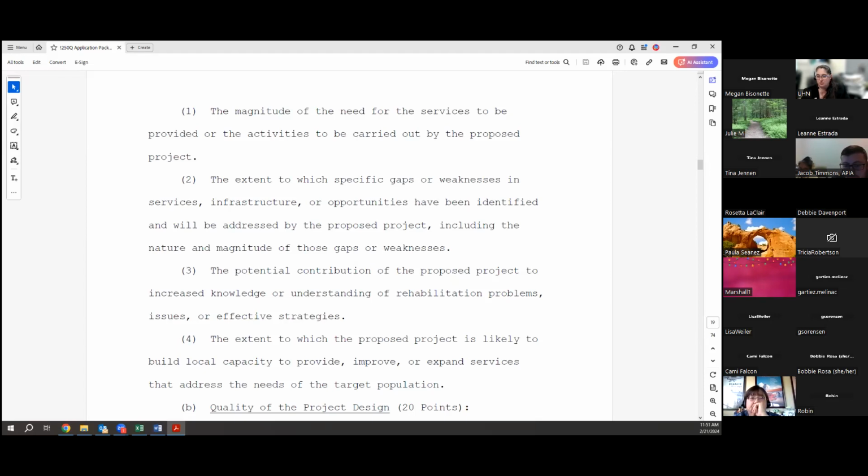Then the potential contribution of the project. How are you increasing knowledge and understanding of rehab problems, issues, and strategies? I know one of the things for our communities, we have to convince people they have disabilities, which sounds really weird, but it's not something that's discussed in our community to that extent.